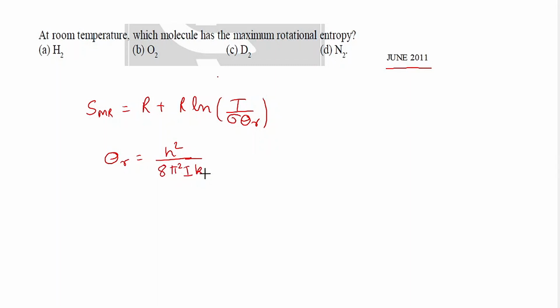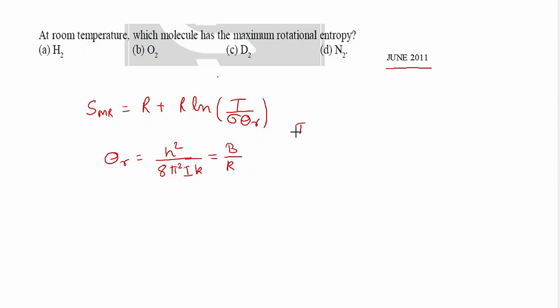Many times h square upon 8 pi square I is written in the form of B, so theta_r is B upon k. All these terms are constant, so the characteristic rotational temperature is inversely proportional to I, the moment of inertia.